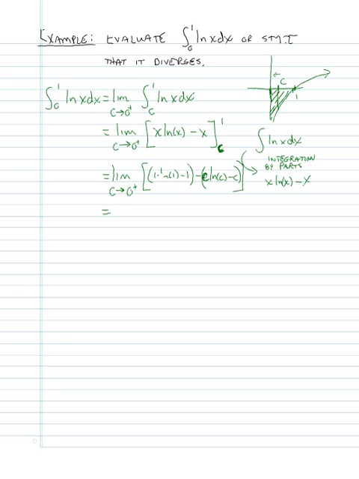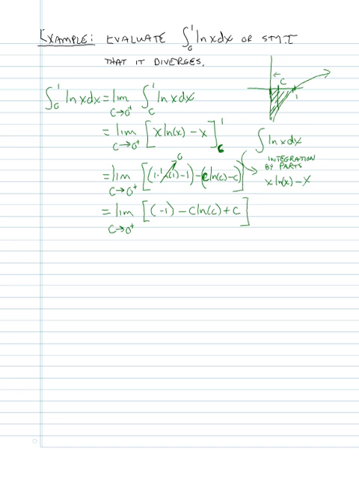Well, some simplification. Remember, natural log of 1 is 0. So this is the limit as c approaches 0 from the right-hand side. What do we have in that first position? We have a 0 minus 1, which is minus 1. And then we have a minus c natural log of c, and minus a negative c, which is plus c.